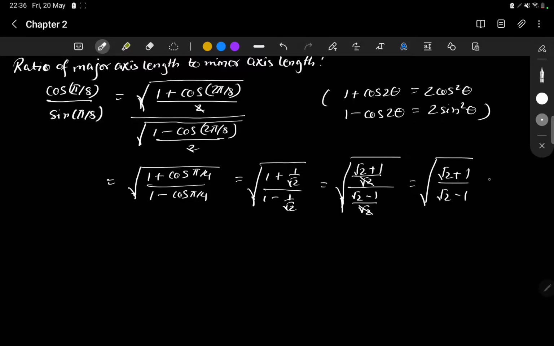In order to rationalize, we will multiply and divide by the following.